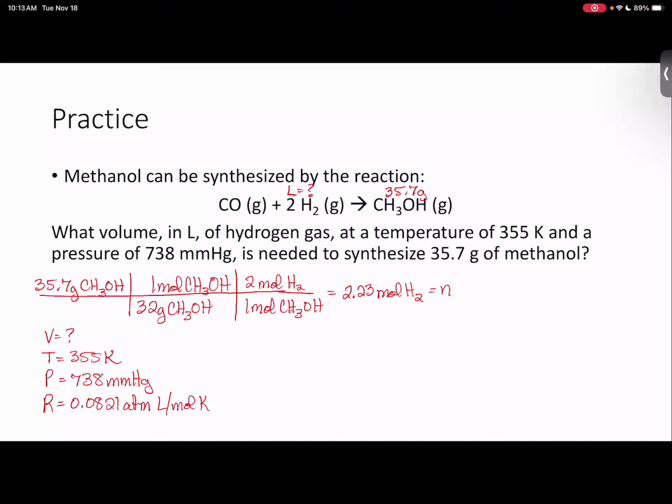Now, before I can use these numbers, I've got to make sure all of my units match. Right now, everything matches except for the pressure. And so I need to convert the pressure into atmospheres by dividing by 760. And so it is 0.971 atmospheres.